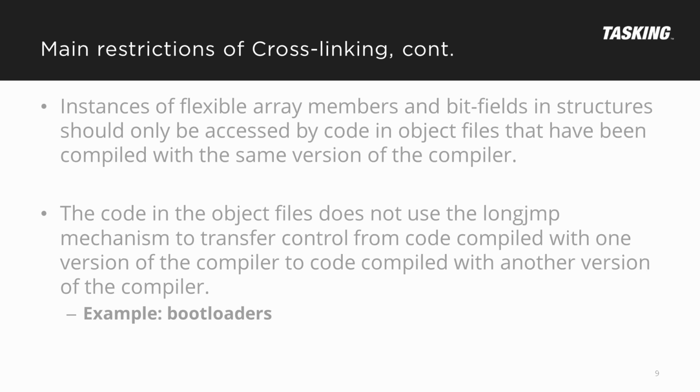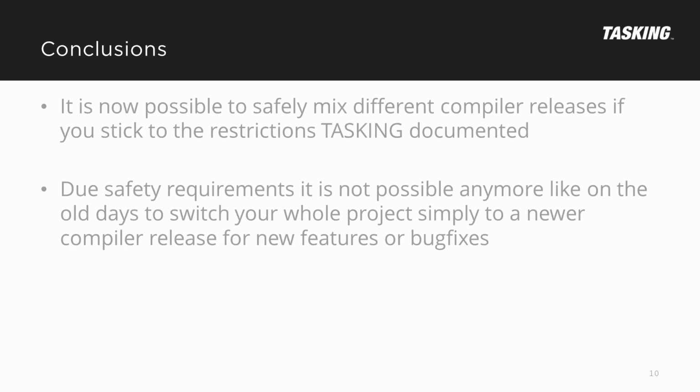Okay, so going to switch over to the conclusions. The conclusion is that it's now possible to safely mix different compiler releases if you stick to the restrictions Tasking documented. So before it was technically mostly possible, but nobody checked it actually, and this more or less means that you can't do it.